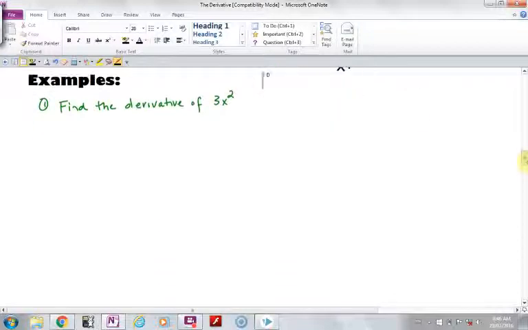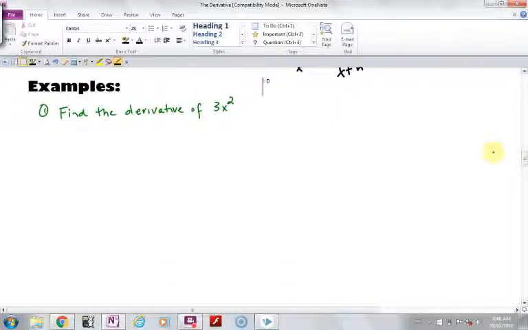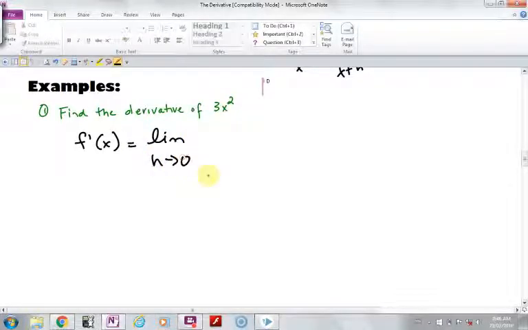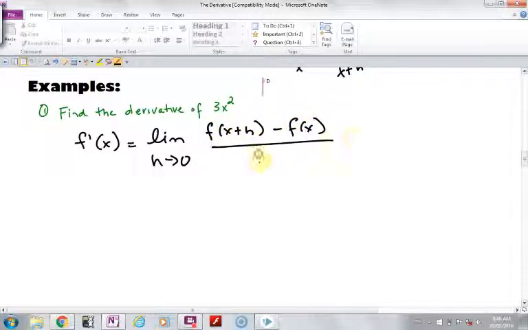So we're going to use the equation of the limit, which I have on the board here for you. Okay. So we want to find the derivative with respect to x. So it's the limit as h approaches 0, okay, of f of x plus h minus f of x all over h.